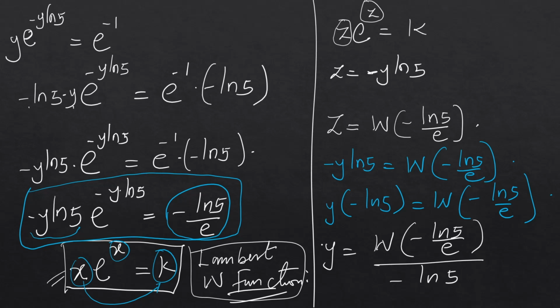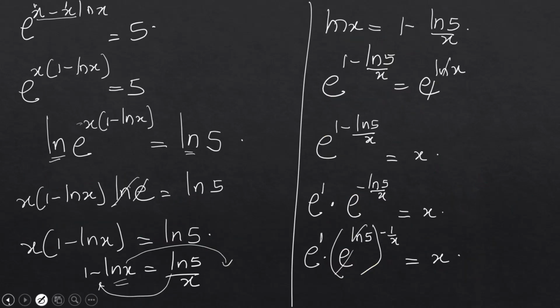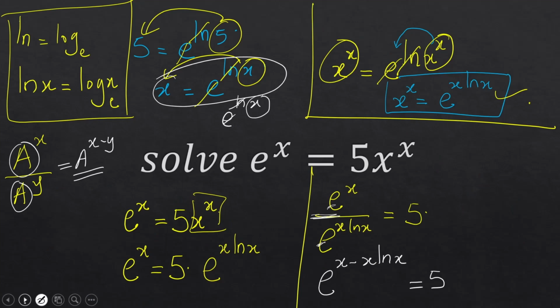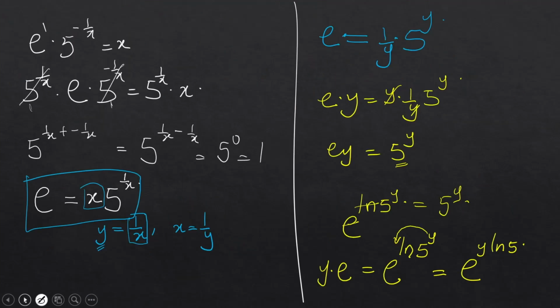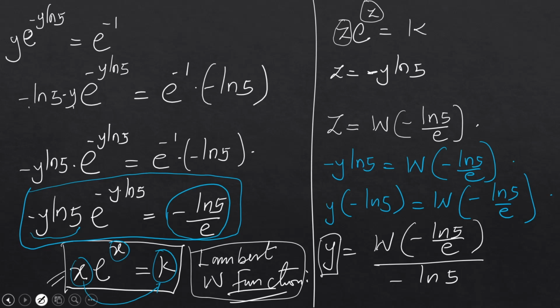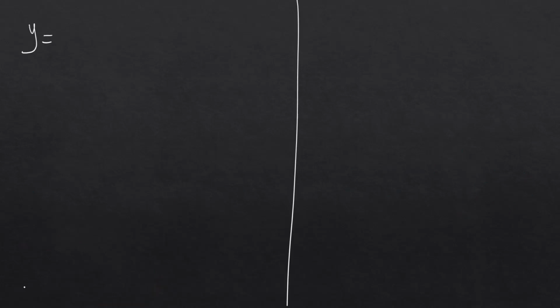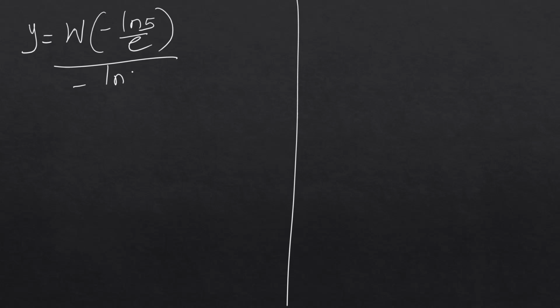For this reason, remember what my y is. Let's go back. That was the place I told you what y is. I said that, remember, y is 1 over x. So in that case, I'm going to rewrite y. y is equal to the W function of minus ln 5 over e, all divided by minus ln 5.